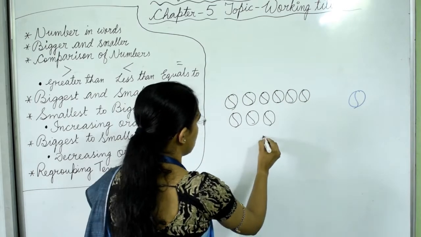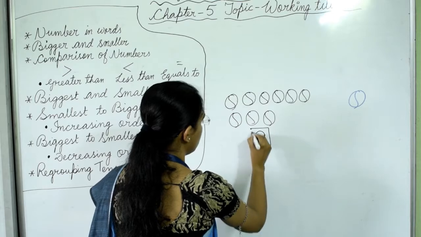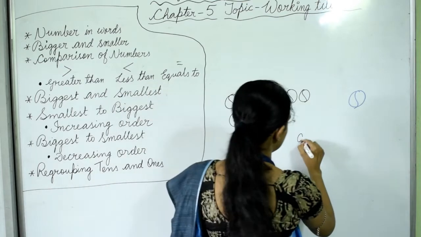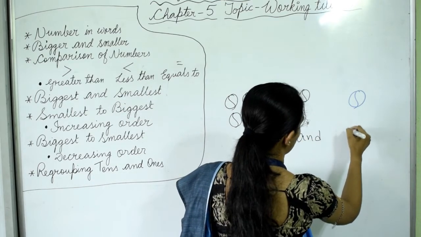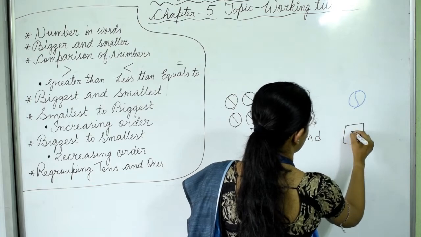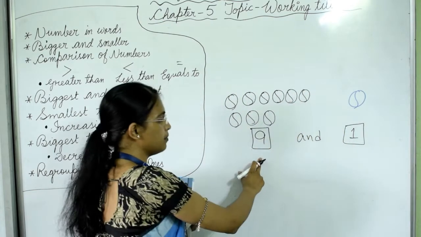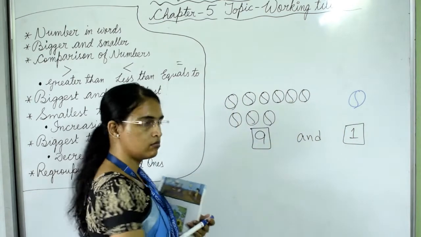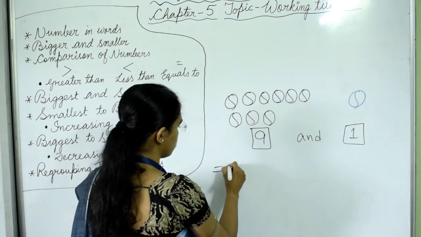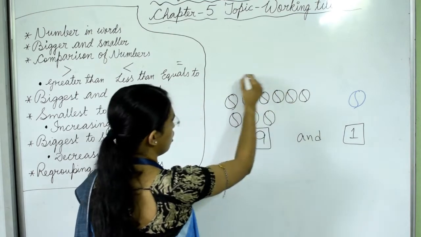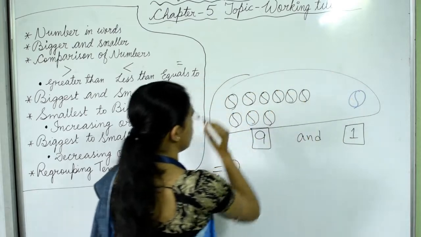Okay, so you have how many balls? 9 balls, and I have given you one ball. So 9 plus 1 equals 10. So altogether how many balls do you have?